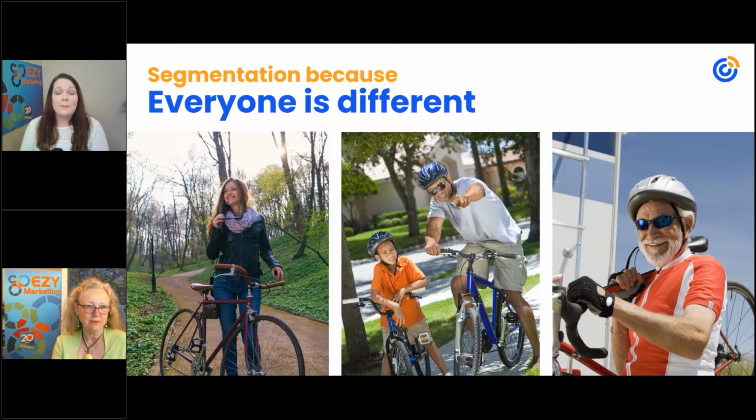And considering that personalized emails generate a median ROI of 122%, adding segmentation to your toolkit is one of the best marketing decisions you can make. But in order to send targeted emails, first you're going to need to group or segment like contacts together. So let's look at some examples.